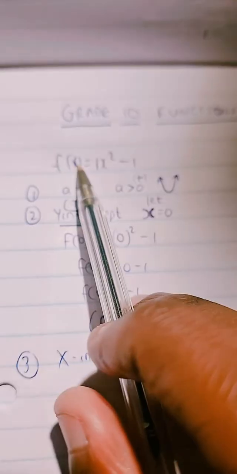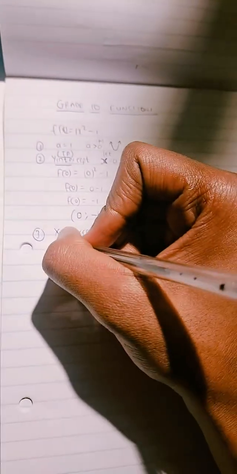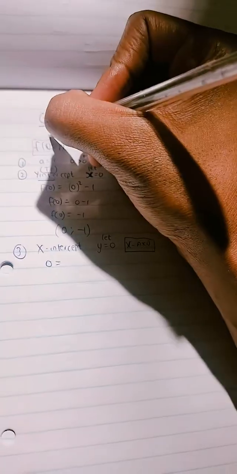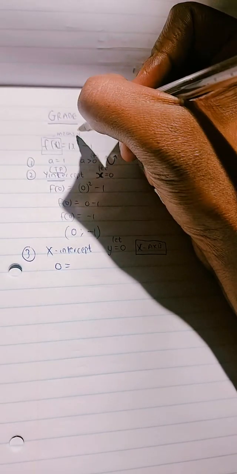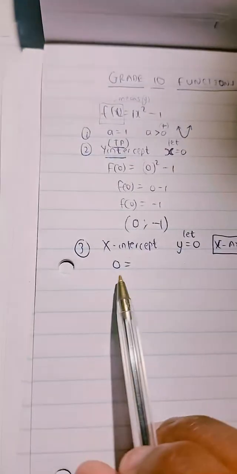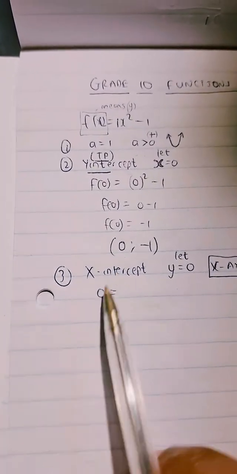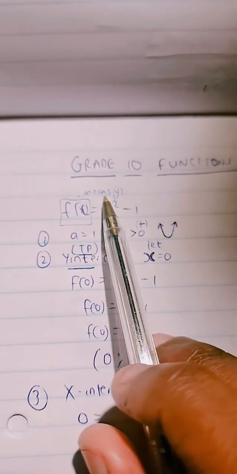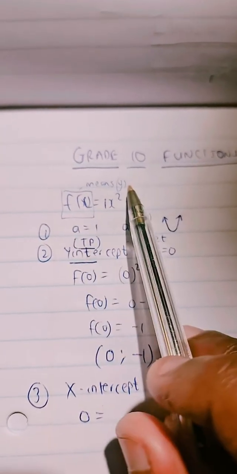So for our function, we are going to let y, in other words, f of x, be equal to 0. Remember, f of x is just a notation that means y.